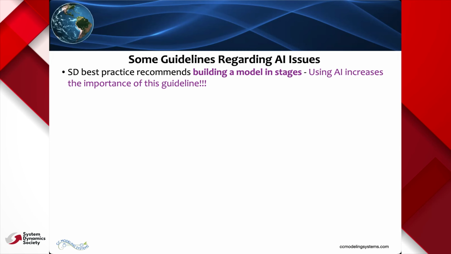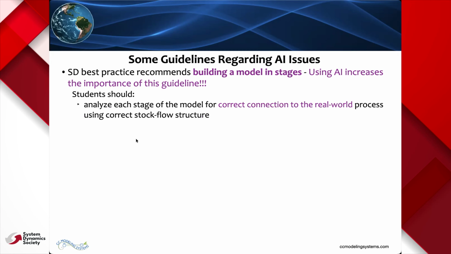Otherwise, it can get too big and you haven't analyzed the small parts yet to see if they make sense, if the definitions are okay, if all the pieces are okay before you go to a slightly larger model. Students should analyze each stage of a model for correct connections to the real world process. Is it using the correct structure?